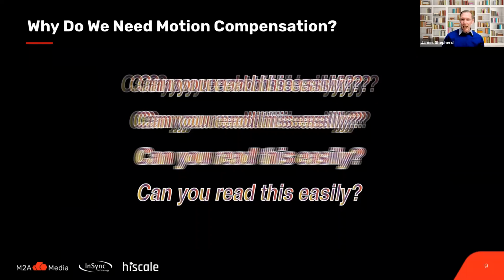Now, if we go to the next slide, I apologize in advance that it's extremely unpleasant to look at, and that's entirely the point. What we can see here is a simple piece of text, multiply imaged as it would be for a variety of speeds. And even at low speeds, what we've lost is the clarity, the fidelity, the detail.